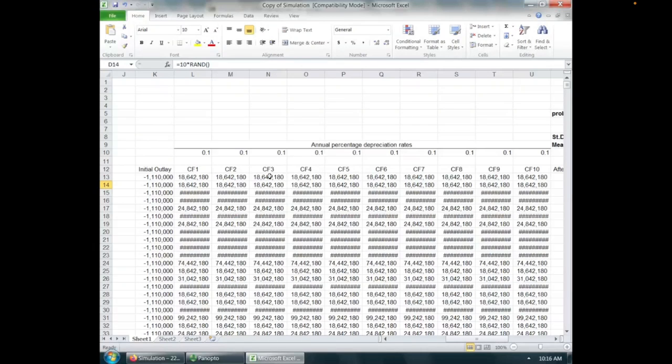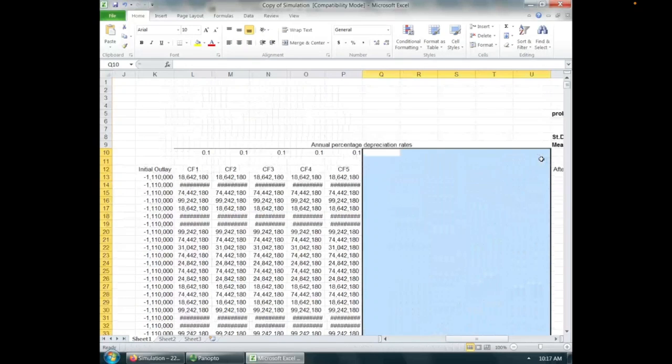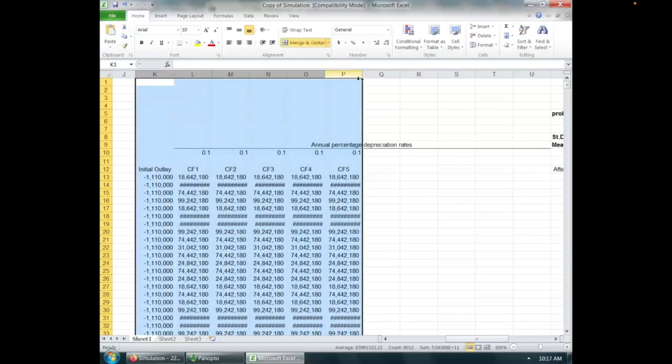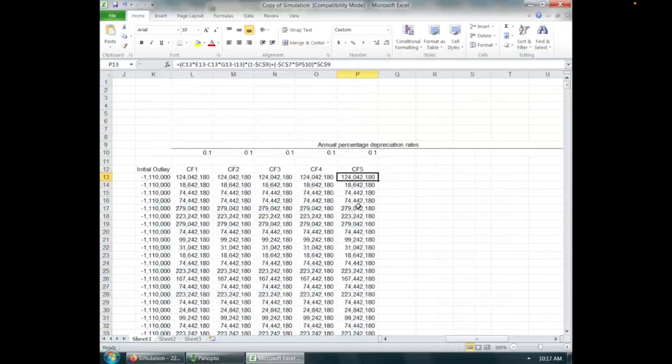Now, since this is a 5-year case, we don't need 10 years of cash flows, right? So I'm going to select this part and delete this because I don't need that. I just need to generate cash flows for 5 years.